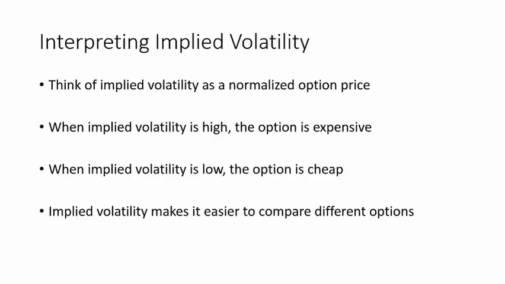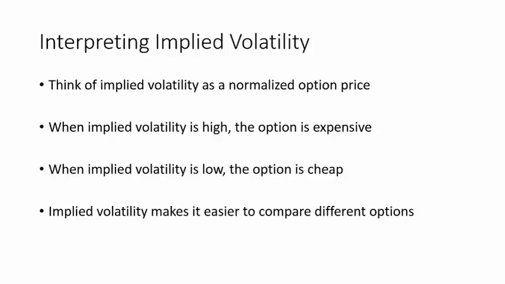Instead of quoting an option price as its actual price, you can quote it in terms of volatility. So you can say Nifty options currently have an implied volatility of 18%, or I could say 15%.